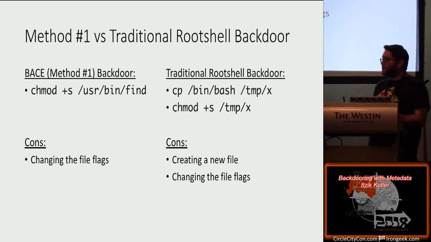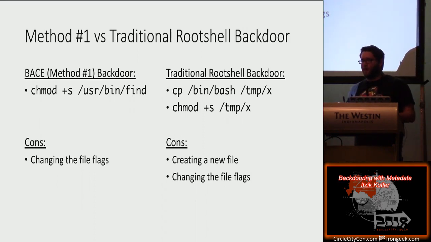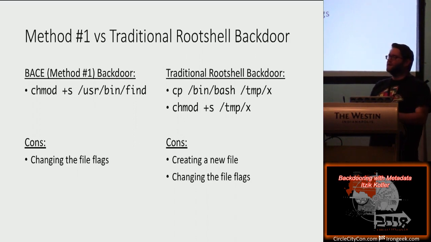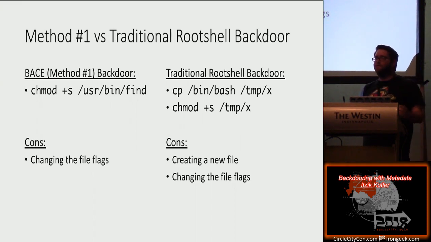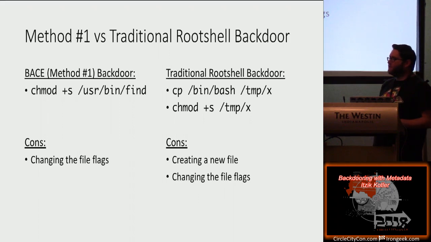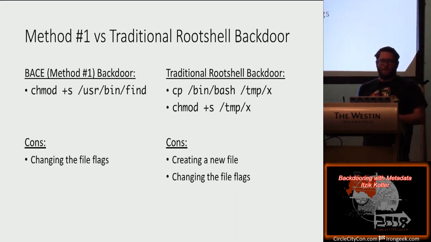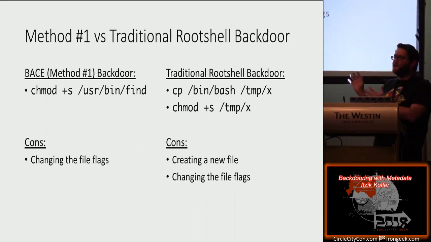We can change existing files, not all the files. Some files will automatically drop into root, and that will be very obvious for day-to-day users. But with an example such as find, nobody will notice anything unless they play with these parameters, and then the anomaly will jump in. So when comparing these two methodologies, obviously there are fewer cons in the BACE approach.